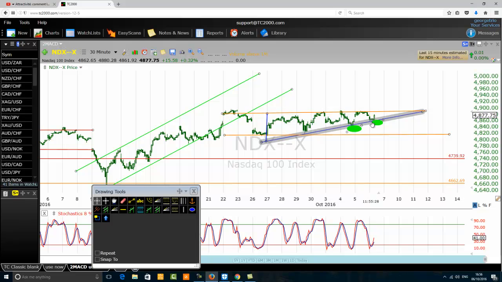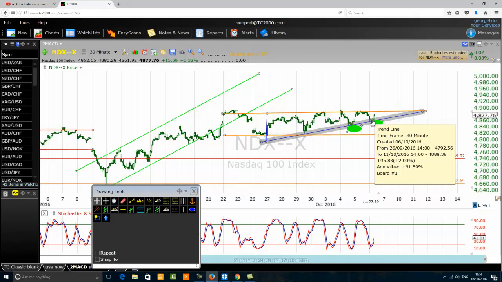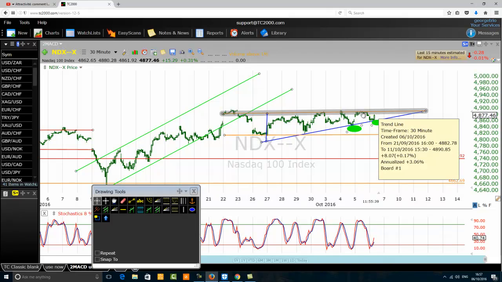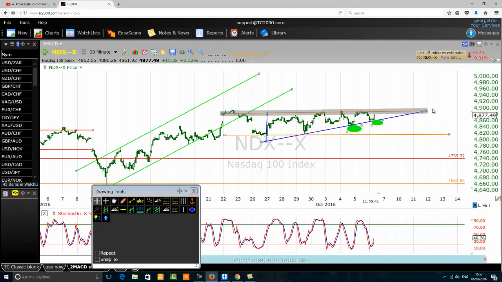If I pull back to the edge of this rising channel, people are buying here because it's a consolidation in a triangle. As soon as the price comes near this horizontal line in the zone of 4887, people will cash out and try to sell it again. That's why we say anything is possible.